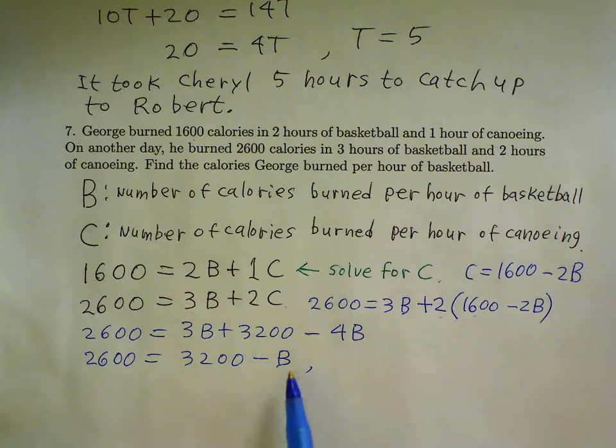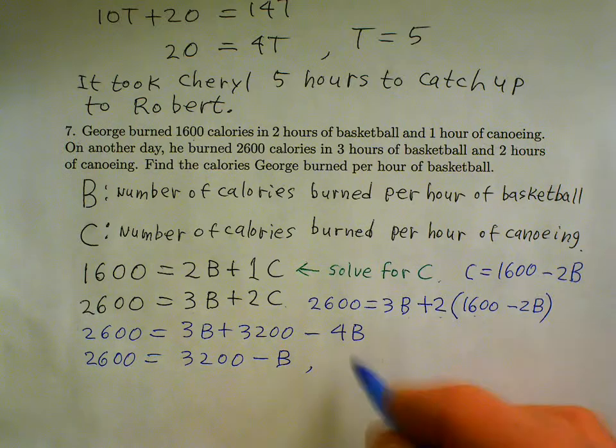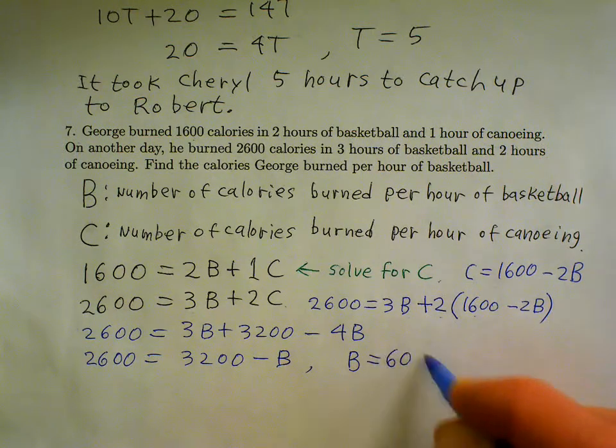We can add B to both sides and also subtract 2600 from both sides. Or if you prefer, we can just subtract 3200 from both sides and we'll get negative 600 equals negative B. Either way, we're going to end up with B equals 600.